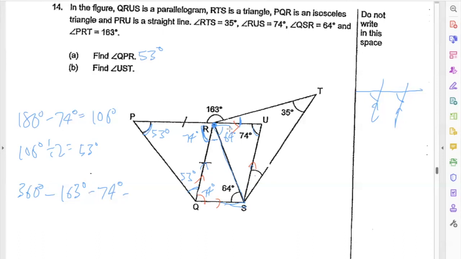This angle is not difficult to find. This angle is just 180 minus 74 minus 64. Let's go back and do this first.